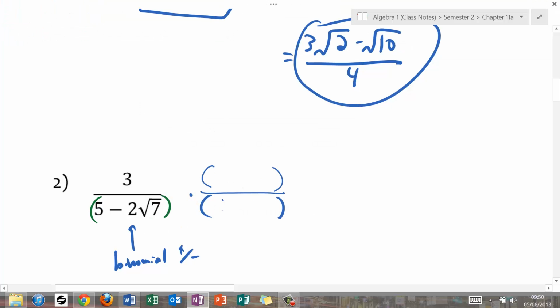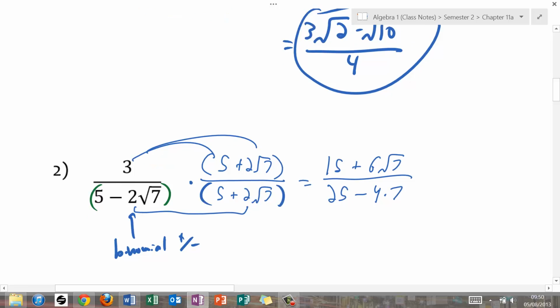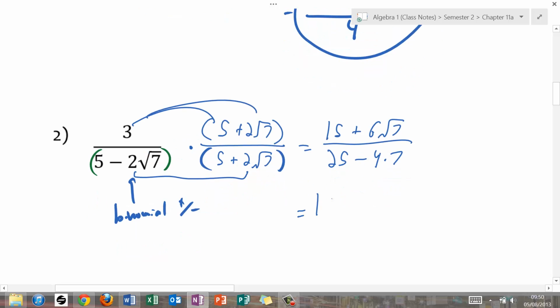So 5 plus 2 root 7, 5 plus 2 root 7. Again, distributive property in the numerator gives me 15 plus 6 root 7 over, the denominator would be 25 minus 2 times 2 is 4, radical 7 times radical 7 is 7, and you get 15 plus 6 root 7 all over 25 minus 28, or negative 3.